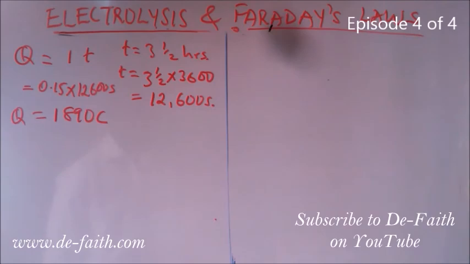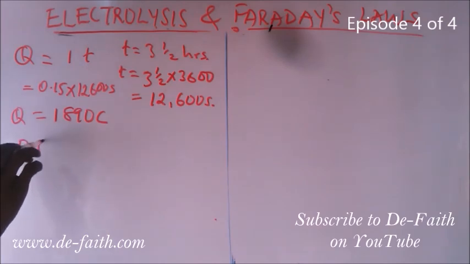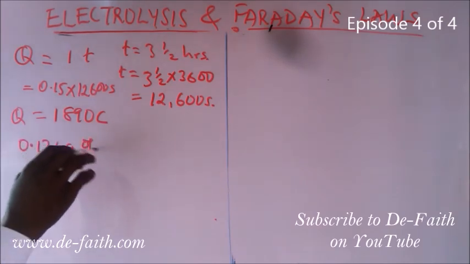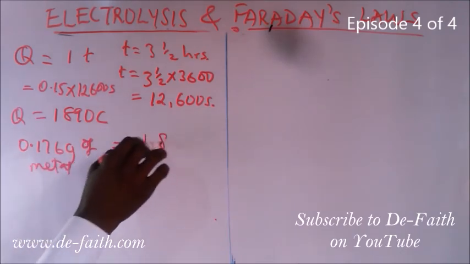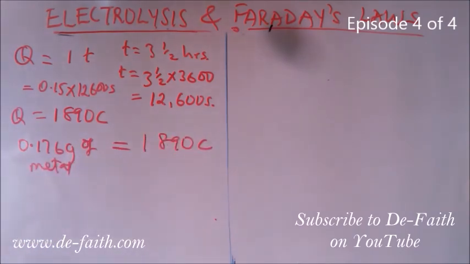Now we're told that 0.176 gram of metal was deposited on the cathode as a result of this quantity of electricity. Therefore, we have it that 0.176 gram of metal was produced as a result of 1,890 coulomb of electricity.